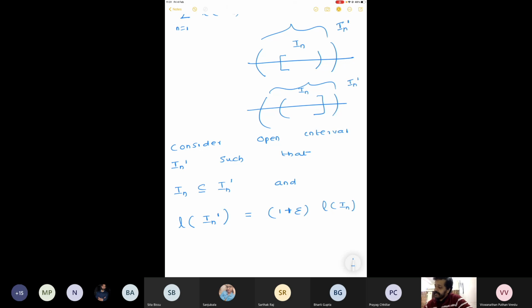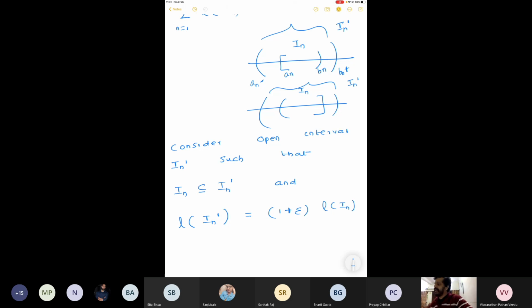How do I adjust that? Suppose your I_n is (a_n, b_n). Then what do you take as I_n'? a_n minus some number and b_n plus some number, say a_n minus epsilon_1 and b_n plus epsilon_2.